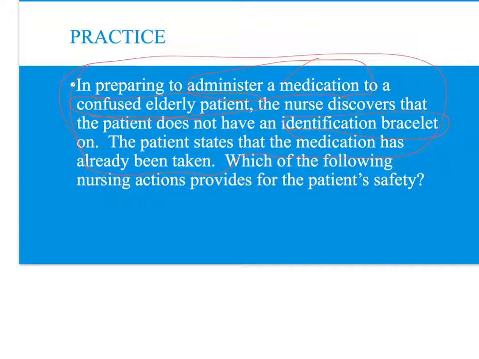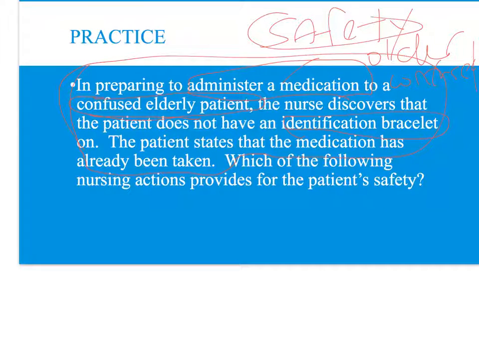So in looking at this, I have a couple of issues here that I'm going to identify. I have a safety piece due to an older, confused patient. And then the second piece of this safety part is this identification bracelet. I don't have any way to identify this elderly, confused patient.